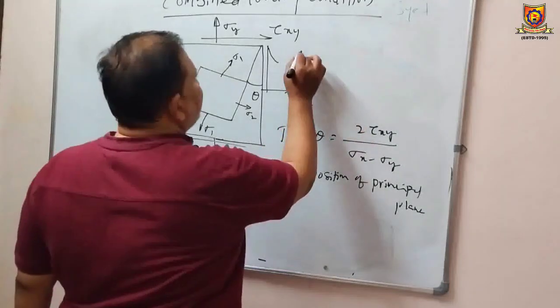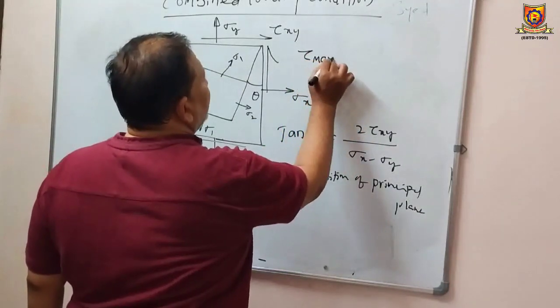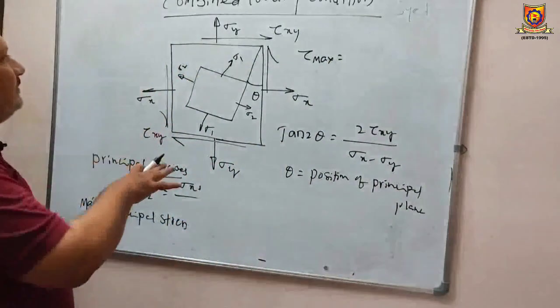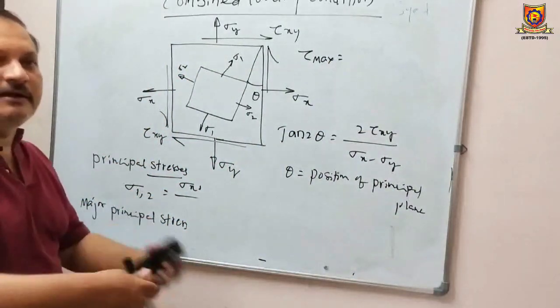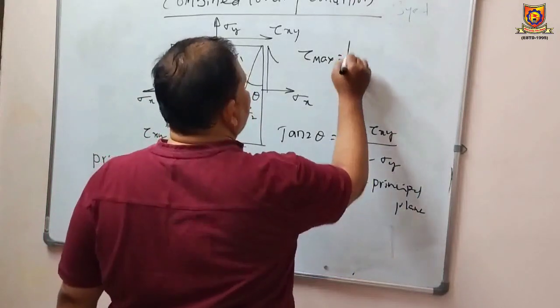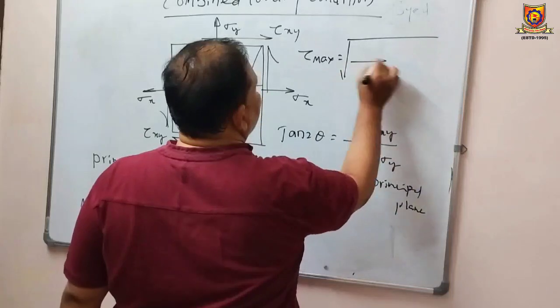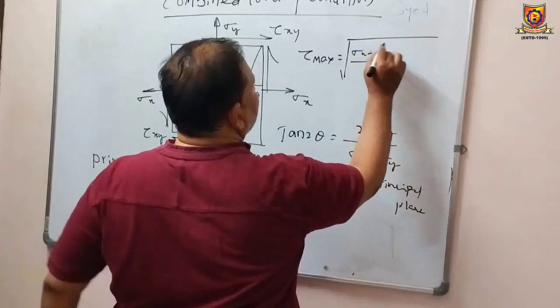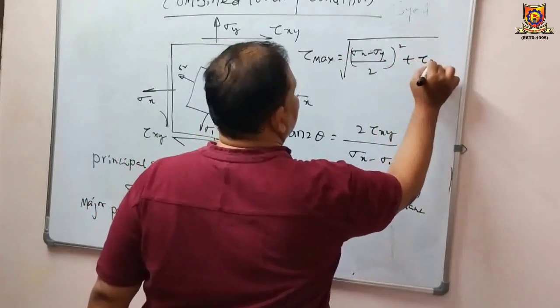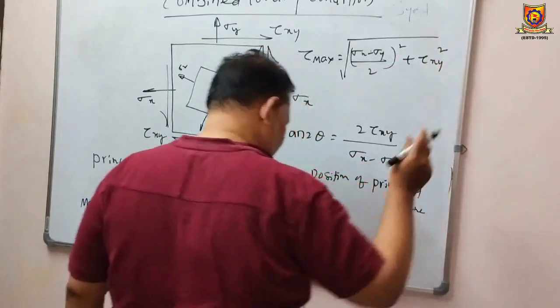And there is an expression for calculating the maximum shear stress induced in a member when it is subjected to a combined loading condition. That is square root of sigma x minus sigma y by 2 whole square plus tau xy square.